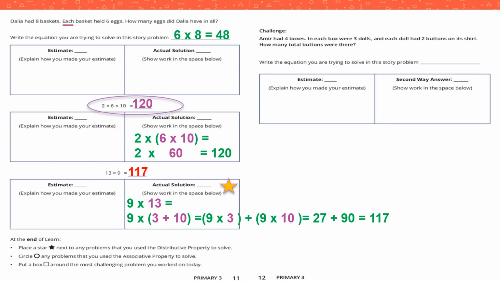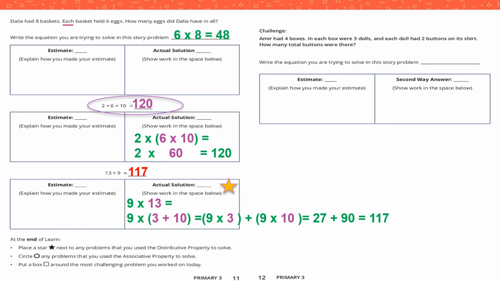The challenging part. Amir had 4 boxes. In each box were 3 dolls, and each doll had 2 buttons on its shirt. So we have 4 boxes, inside each box 3 dolls, and inside each doll 2 buttons.